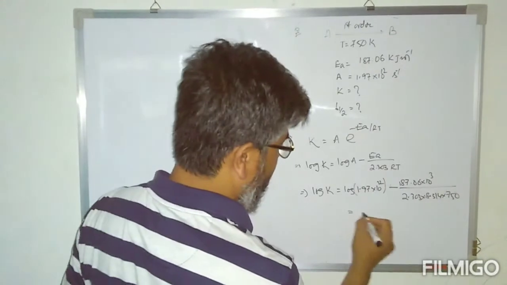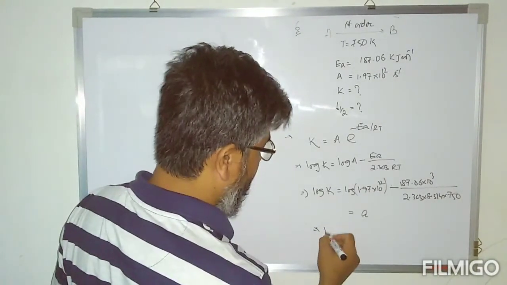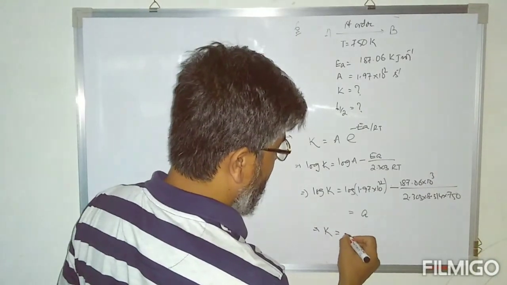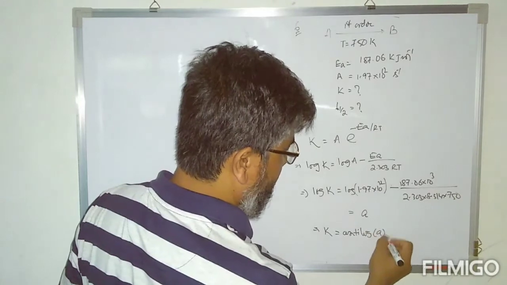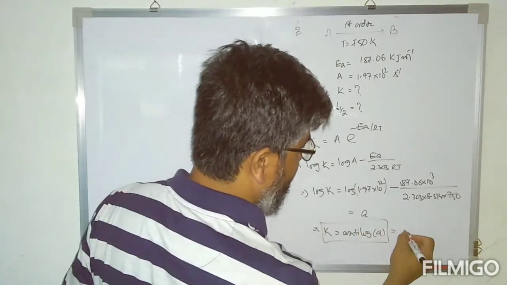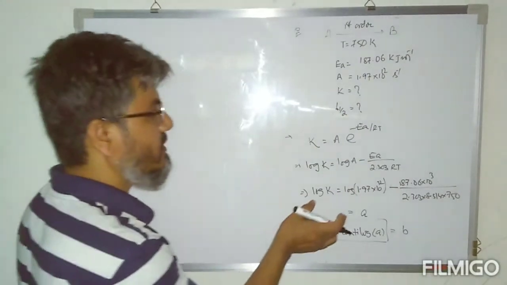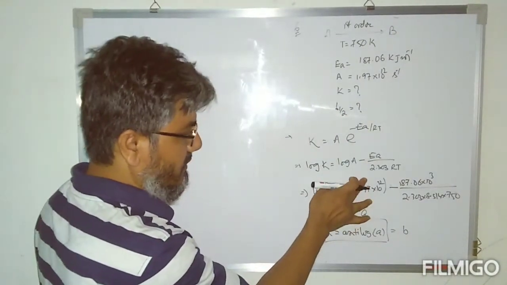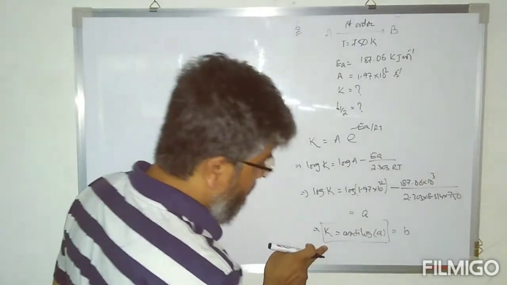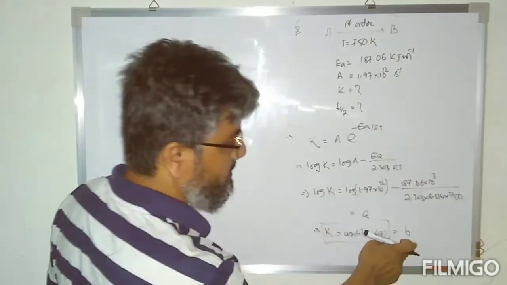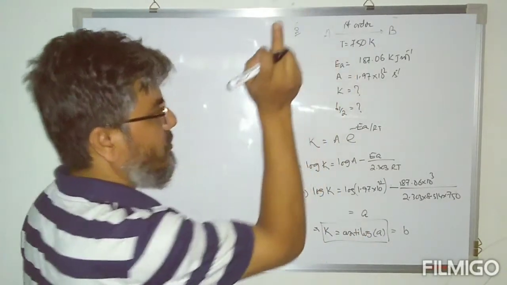Let's suppose this value is A, then A equals log A. Let's suppose this value equals B. Now we have to take the antilogarithm to find the value of K. Now we have this value of K that equals B. The question says the reaction is first order kinetics.